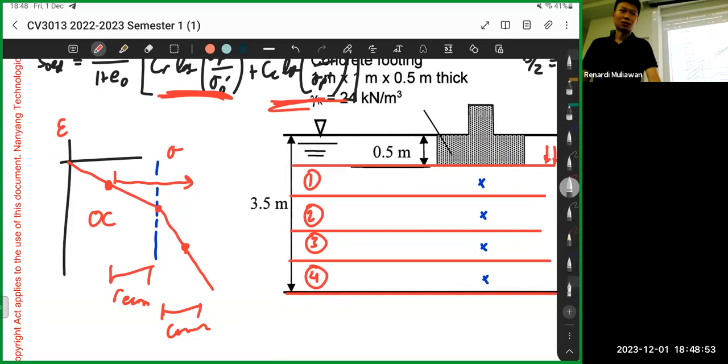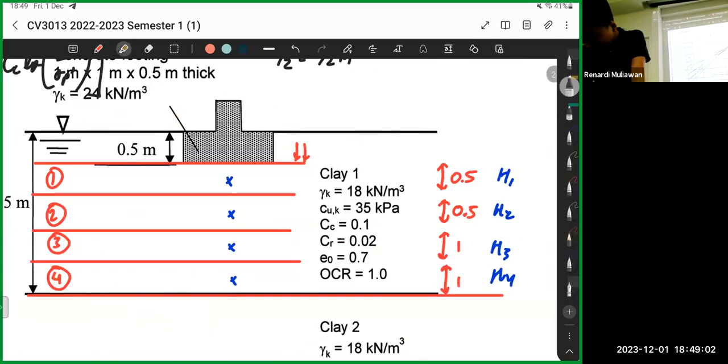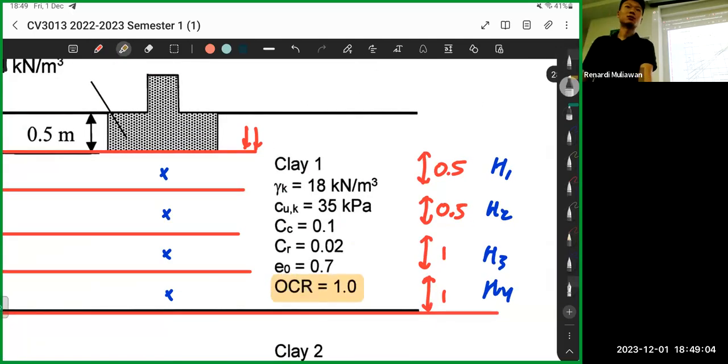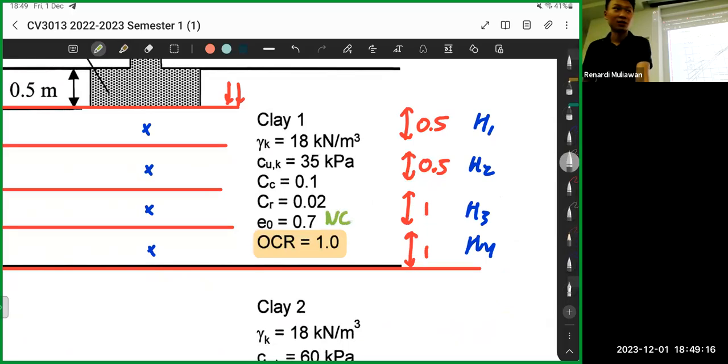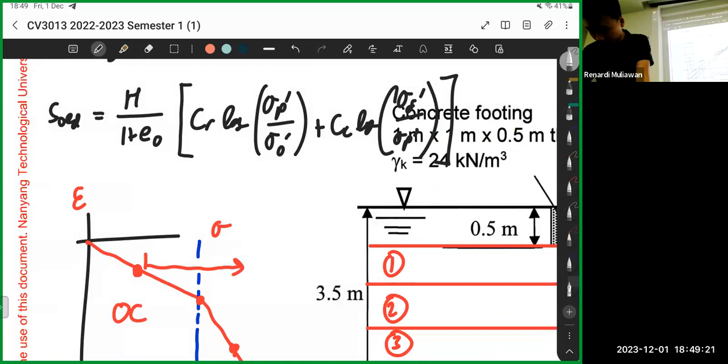Okay. You can review soil mechanics now, this one. Okay. I have no time to explain everything, but anyways, if you look at the question, OCR here is 1. Okay. If OCR is 1, it means that the soil is normally consolidated. So this formula, we can simplify to just use CC. We don't need the recompression curve.